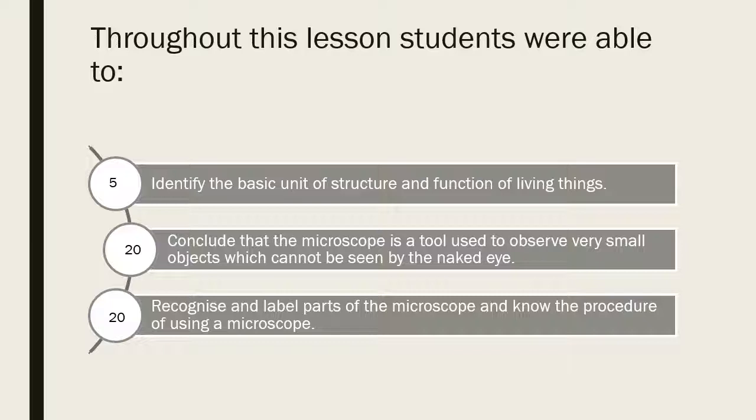We saw in previous slides how to label the microscope. We looked at the stage clips, the ocular, the revolving nose piece, the coarse adjustment knob, the fine adjustment knob, the base. All of these are parts of the microscope. And the procedure of using the microscope, remember, is we have to turn it on, and then put the specimen onto the stage.